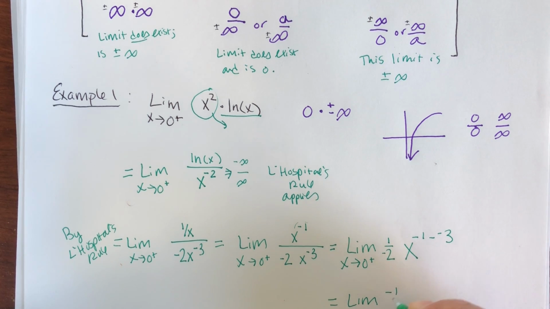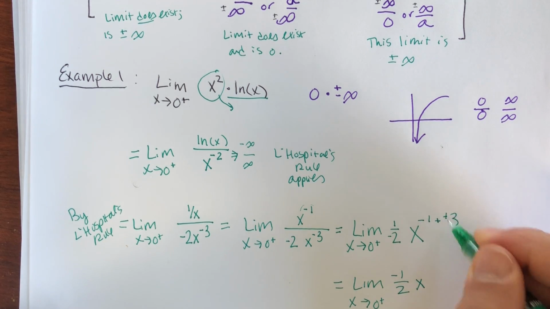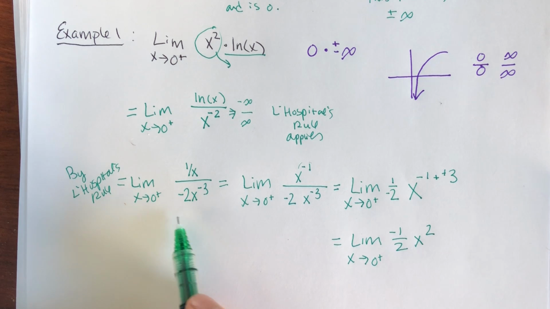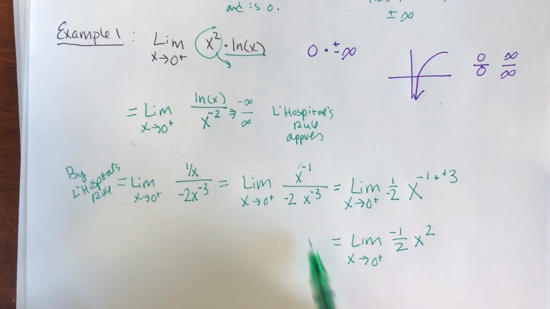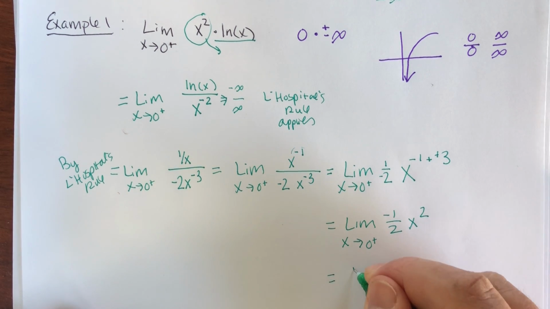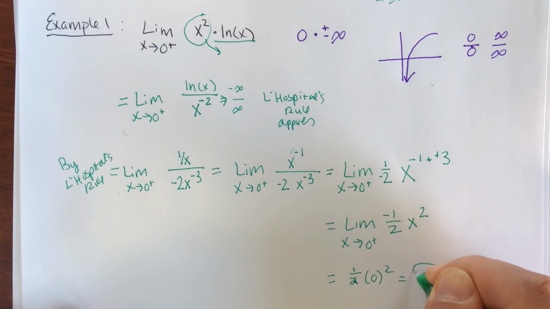So this is negative 1/2 times x to the power of, I can add a positive 3, and it's just x squared. So by simplifying this function just using algebra, now I can see that it's in a form where this limit does exist, right? Of course, this limit exists as x goes to 0. I can plug in x equals 0 using direct substitution and just get negative 1/2 times 0 squared, which is just plain 0.